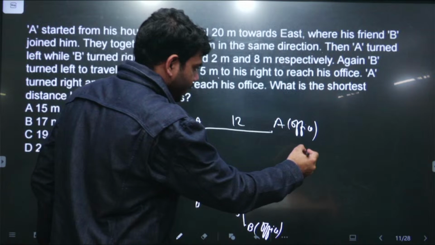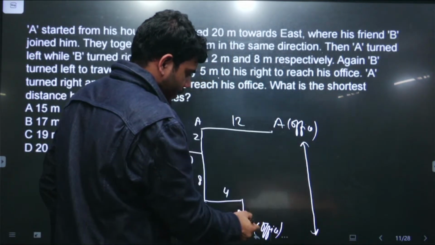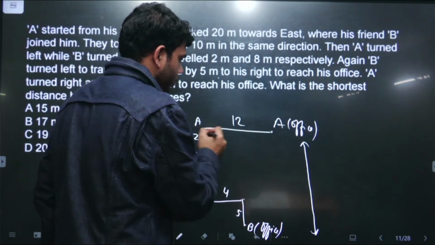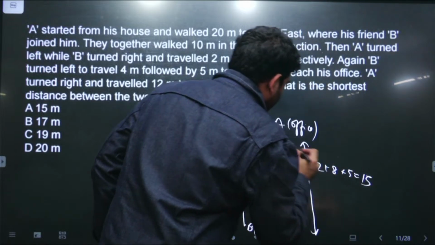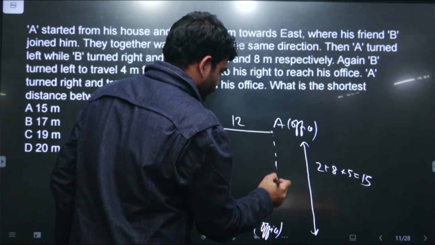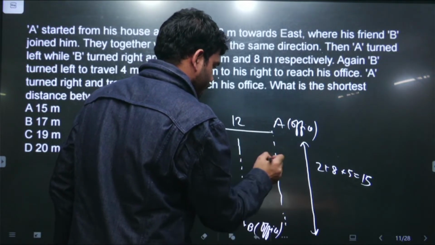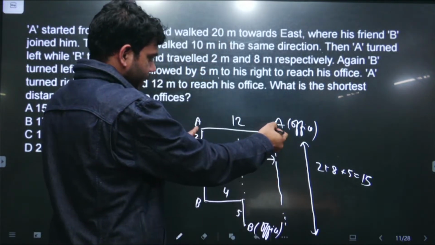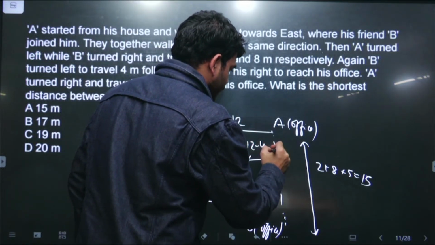So इनका vertical distance तो ये वाला हो गया. This is the vertical distance, and this will be ये 5, ये 8 and ये 2. 2 plus 8 plus 5, that is 15. And horizontal distance between these two, ये वाला हो गया. This is the complete ये 12 minus 4. 12 minus 4 and this is 8.